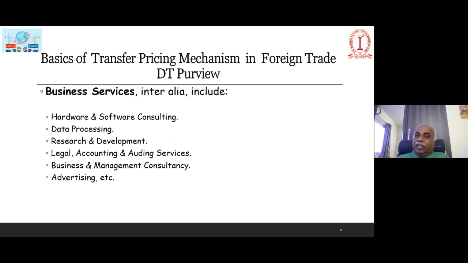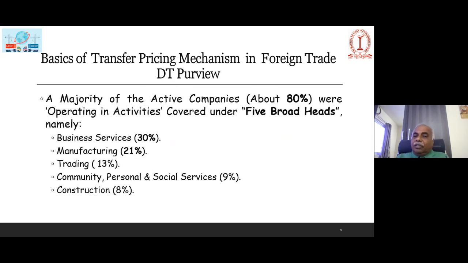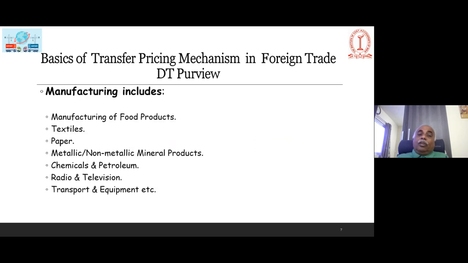Hardware and software consulting companies and data processing companies, research and development companies, legal, accounting and audit service companies, and business and management consultancy companies and advertisement companies. All come under the business service. That is, out of the active companies, 30% are business service companies that are registered with the ROC, various ROCs across the country.